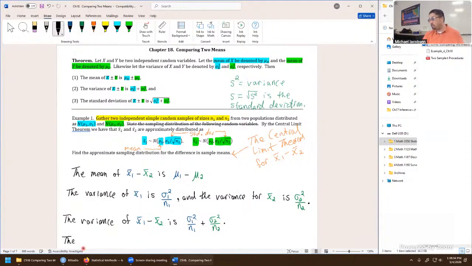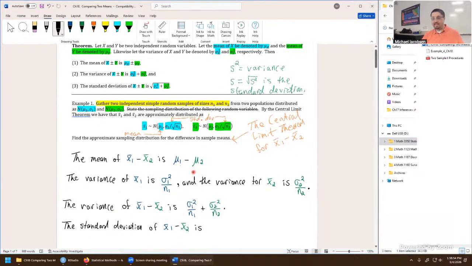The standard deviation of the difference in means, x bar 1 minus x bar 2, is, we're going to have to scroll on this to fit it in, square root of sigma 1 squared divided by n1 plus sigma 2 squared divided by n2.